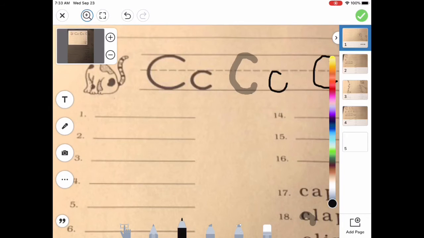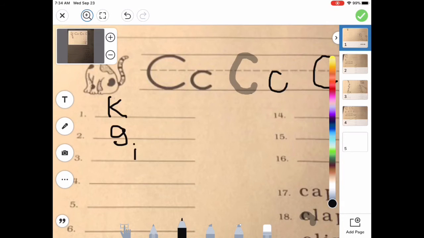All right, on number 1, we're going to write the letter that makes the k sound. What makes the k sound? That's right, K. All right, on number 2, we're going to write the letter that makes the g sound. G, perfect. On number 3, we're going to write the letter that makes the I sound.